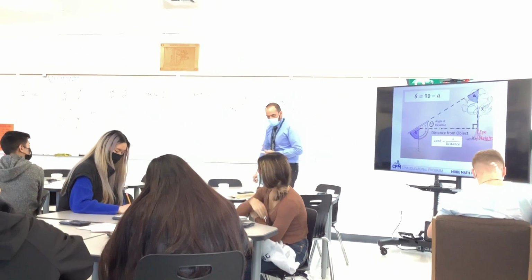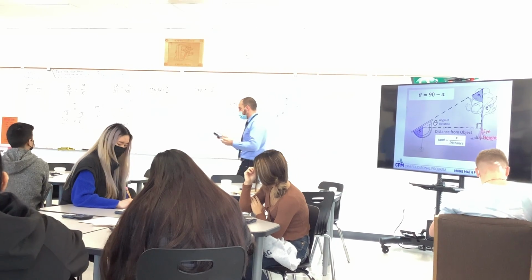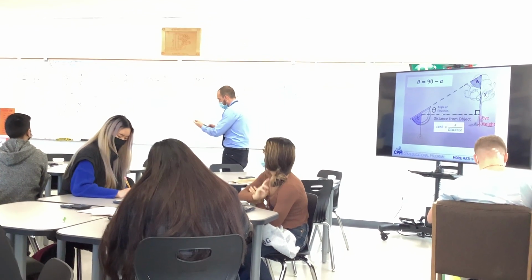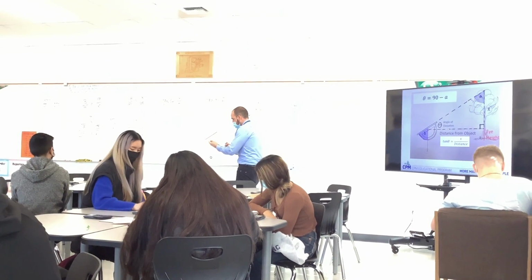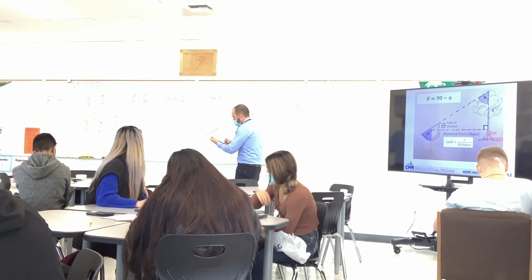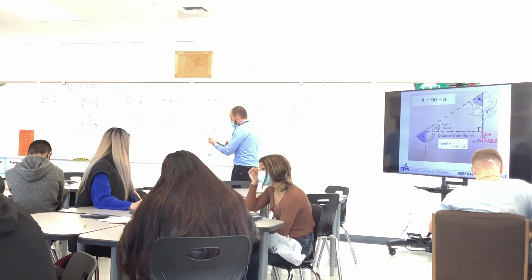One thing to keep in mind, if I solve for x here, I'll do it real fast. I'll try to speed up so we can get you guys outside and have plenty of time. I'm going to cross multiply, so x equals 10 times the tangent of 19.